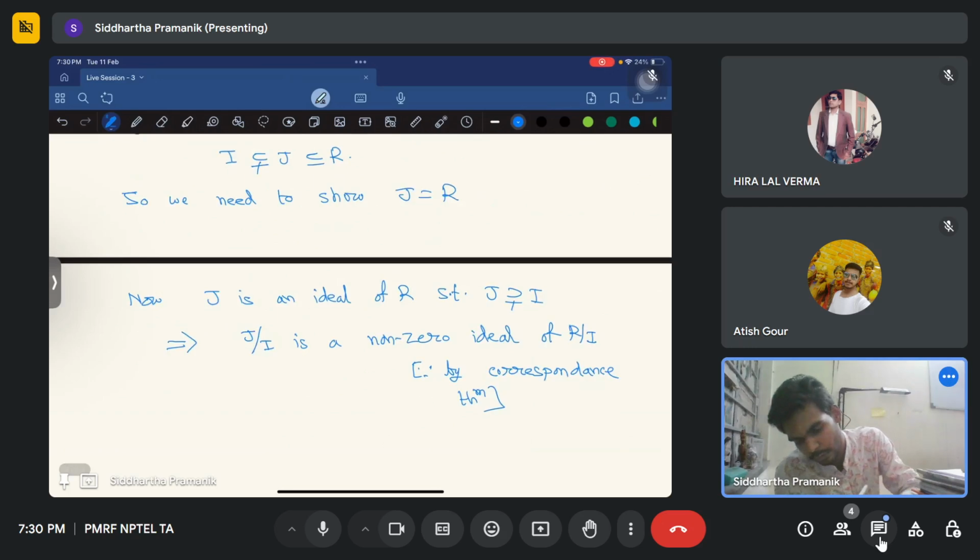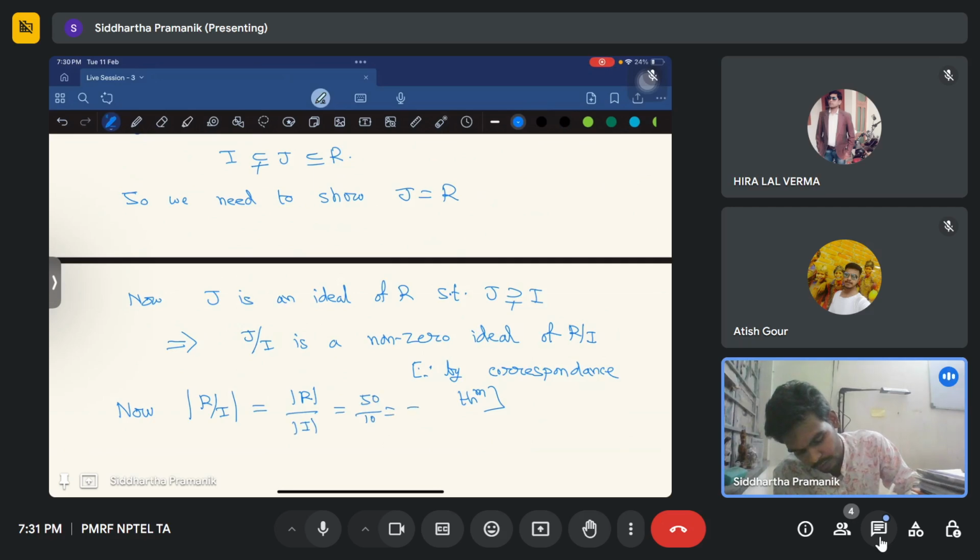Now what is the cardinality of R mod I? The cardinality of R mod I is the cardinality of R divided by the cardinality of I. So this is 50 divided by 10, which is 5.